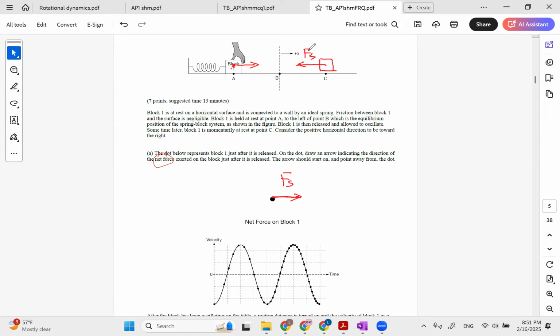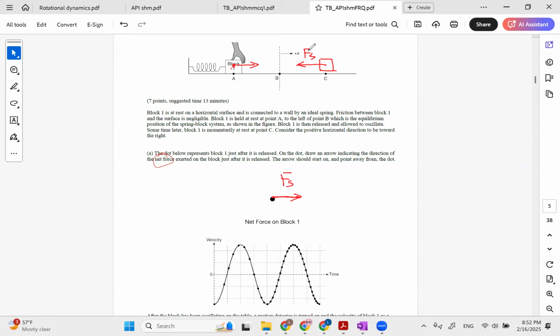Just Fg. Fg and Fn will cancel out each other, right? Yeah. So in this case, the net force will be going to the right, right? Does it make sense, Brandon? Yeah, it does. Okay. So it will be going to the right.